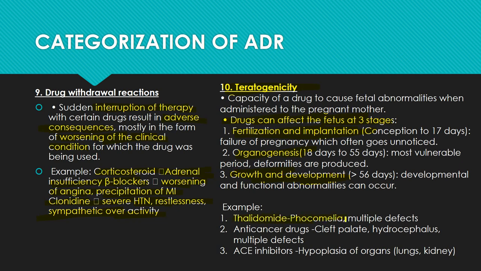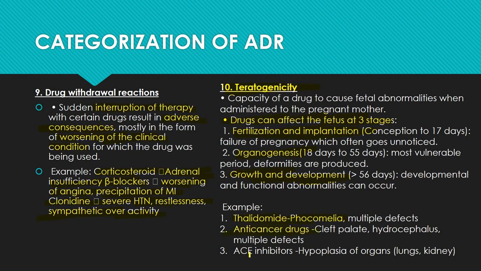So let's look into the very prominent example, that is thalidomide, which causes phocomelia. Often you have heard that in Africa, this teratogenicity has occurred due to certain nuclear explosions. That is the abnormal fetal growth or the malformation of fetus for many of the pregnant women. Okay. So here it is occurring due to the drugs or harmful chemicals.